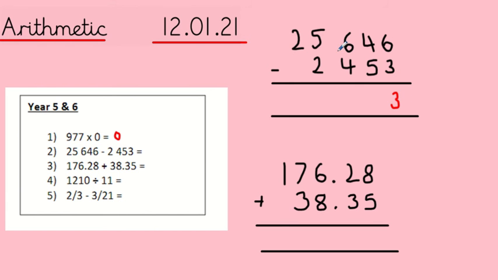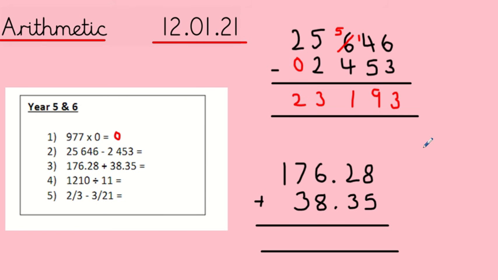I will need to do an exchange to be able to complete this. 14 subtract 5. That's right, Year 6. 9. 5 subtract 4 is 1. 5 subtract 2 is 3. And 2 subtract 0 is 2. Hopefully you all got that one right.